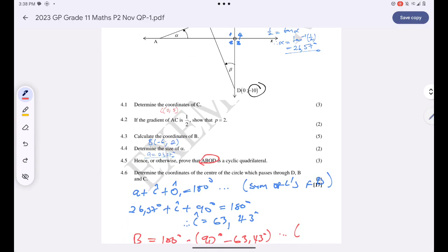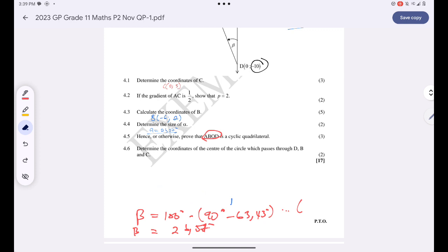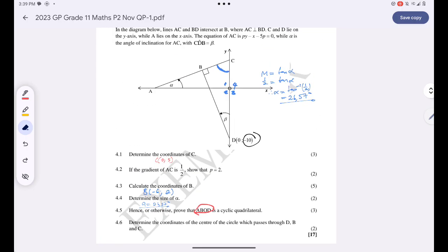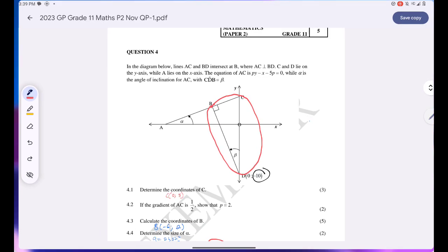Okay? And then now 4.6, you are supposed to determine the coordinates of the center of the circle passing through B, C, and D. Let me erase. They want us to find the center of a circle passing through B, C, and D. Né? Okay, so if we have a circle here that passes through these points, line DC will be a diameter.